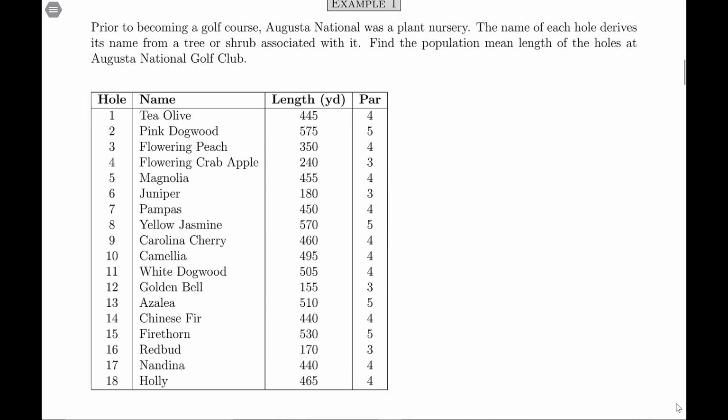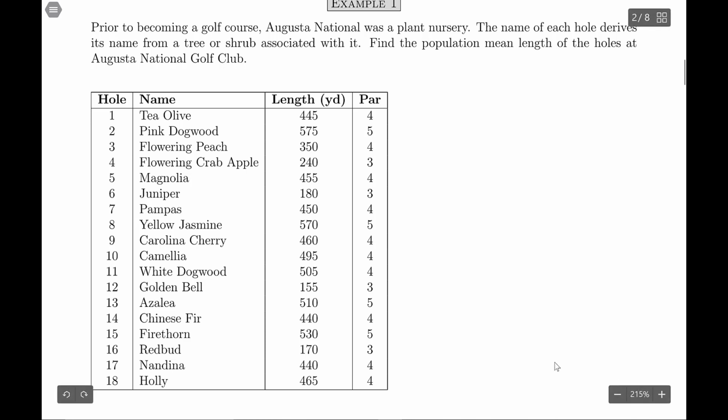It's not a sample. If we were looking at, say, golf courses across the United States, then the 18 holes at Augusta would be a sample. But because we're only focused on Augusta National as our area of study, every hole at Augusta, we're taking into consideration that makes it the population of that particular study.